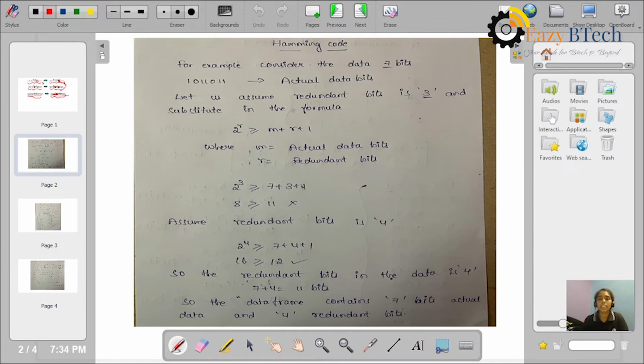For example, I take data of 7 bits. This is the actual data: 1010101, and these are the actual data bits.